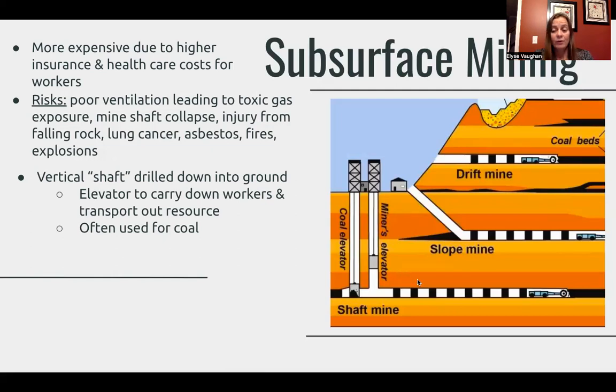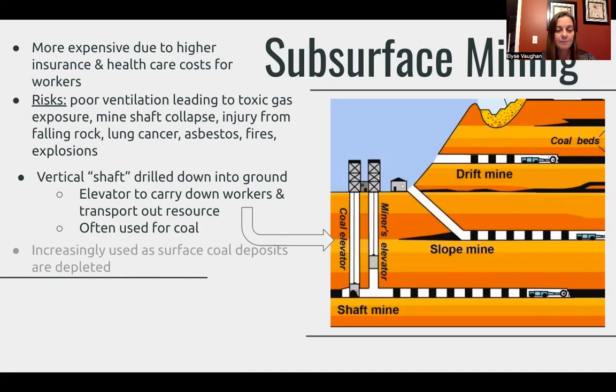They spread out horizontally along the seams, and those seams are just following the way that the coal is deposited in the rock. So they might curve upward, downward, left, or right, and it's just going to follow that coal. So whether it's for coal or another resource, subsurface mining becomes more and more common as the close to the surface deposits are depleted.